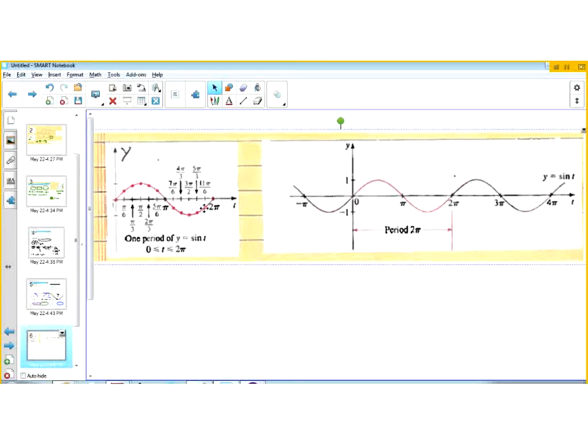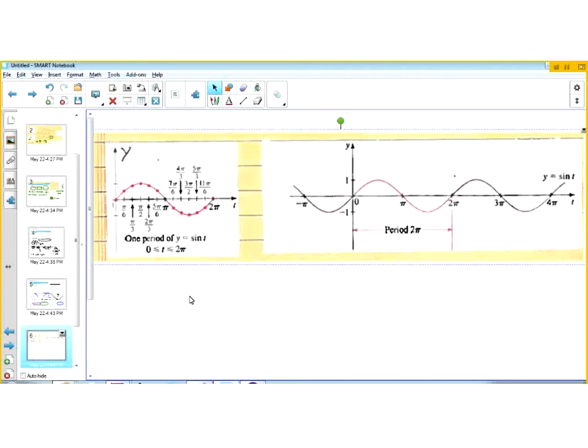In other words, here they put more granularity, more refinement, on the t-axis. They did more values of t than in the previous graph, and they demonstrate the outputs of the sine function. And again, this is over one period, where t is between 0 and 2 pi.